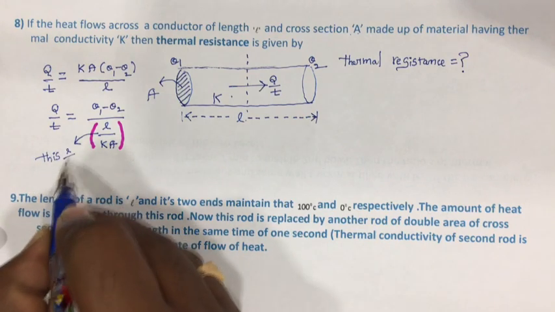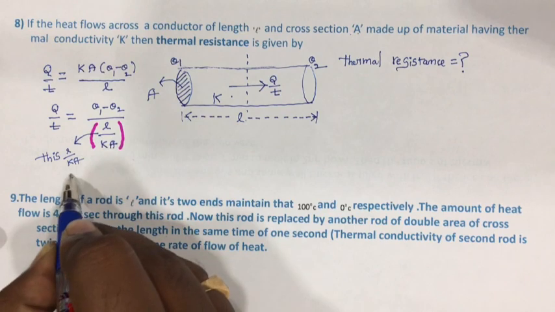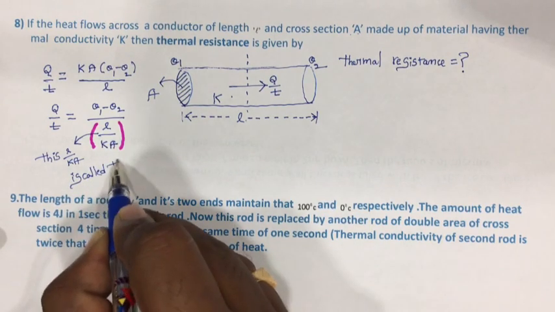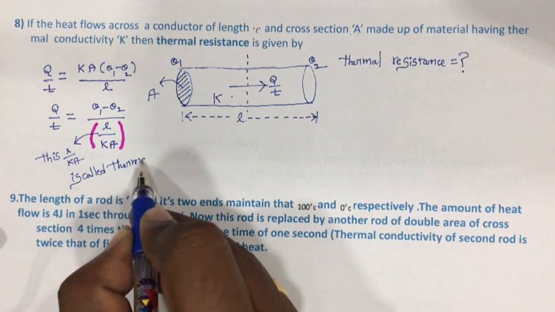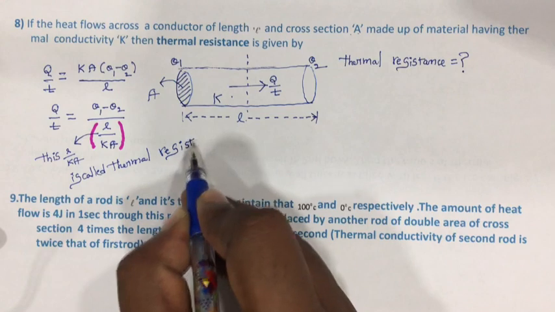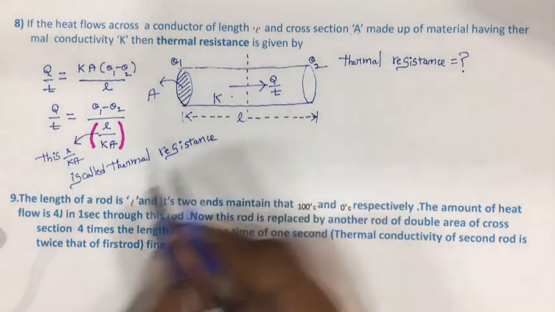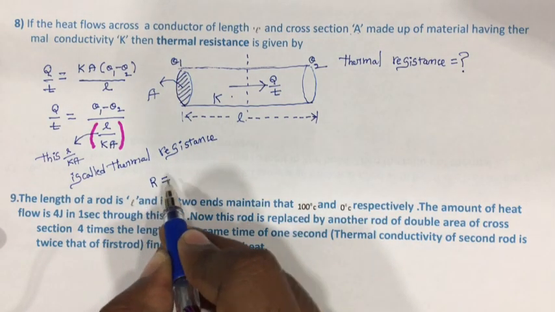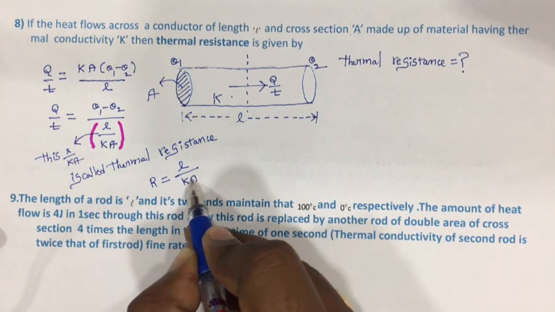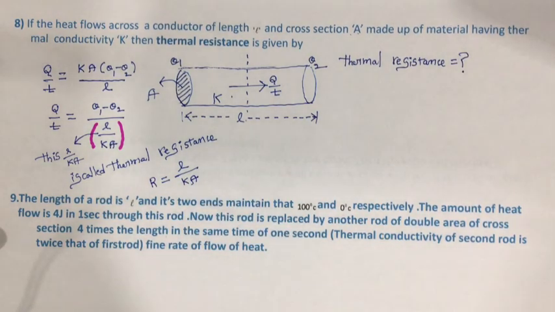This L by KA is called thermal resistance. Thermal resistance R is equal to length of the rod upon KA, L by KA.